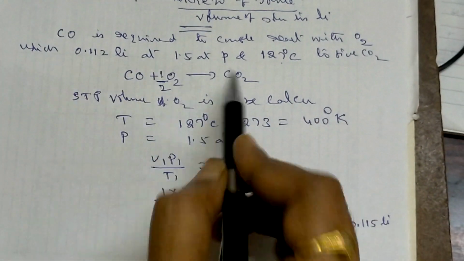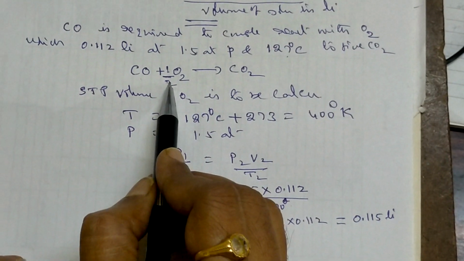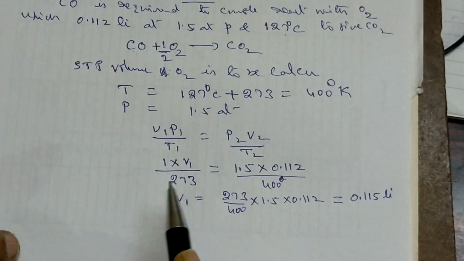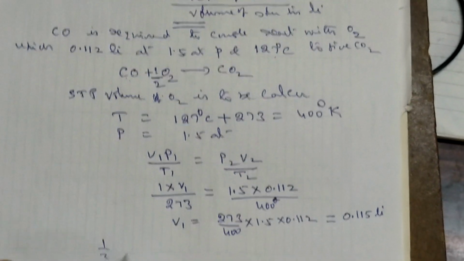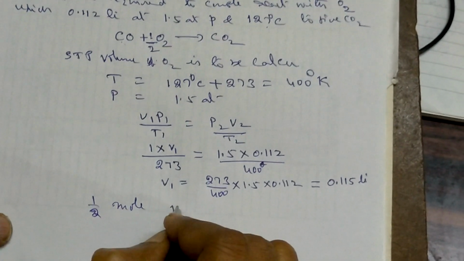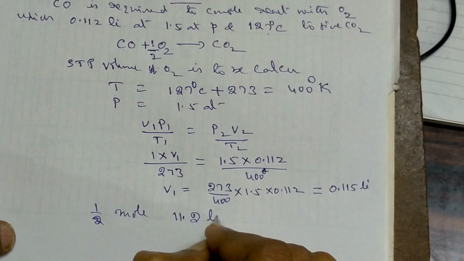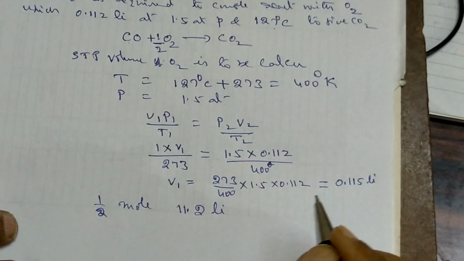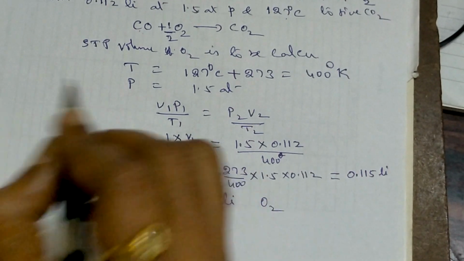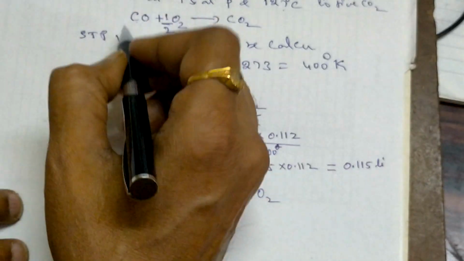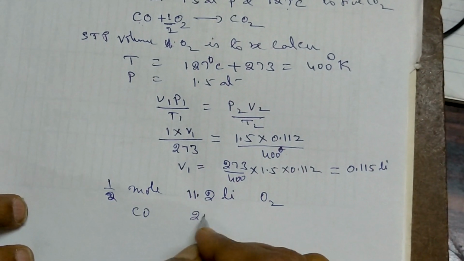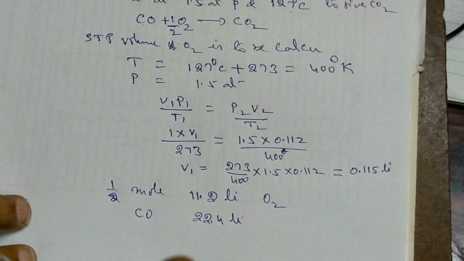Now, from the equation, half mole of oxygen reacts with carbon monoxide to give carbon dioxide. Half mole means 11.2 liters, because 22.4 liters is the standard volume. Half mole of oxygen is required to react completely with carbon monoxide. CO volume is 22.4 liters if oxygen volume is 11.2.